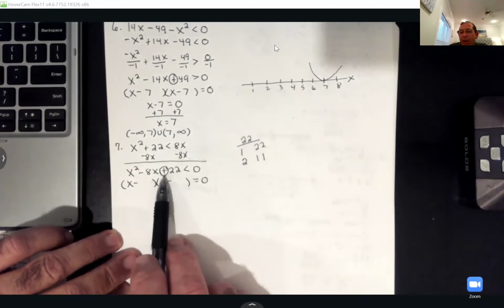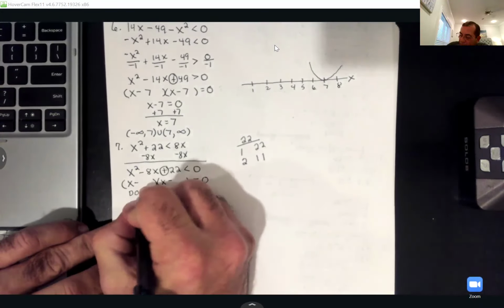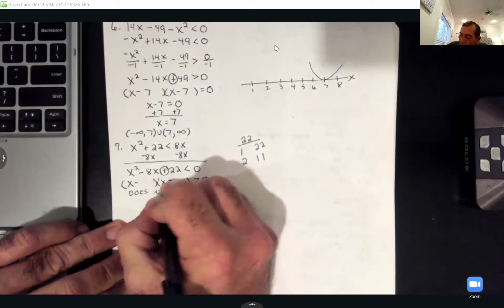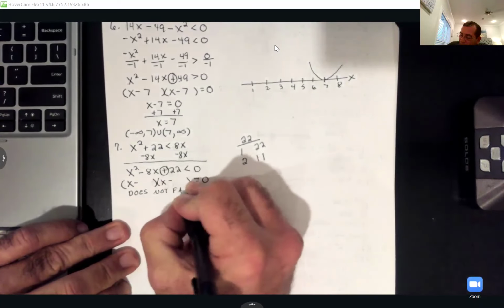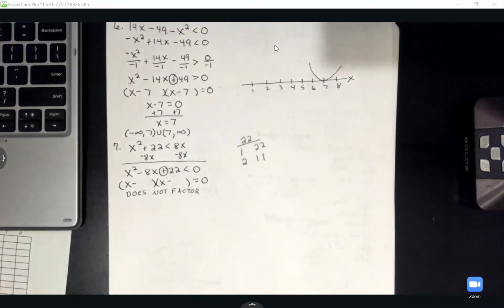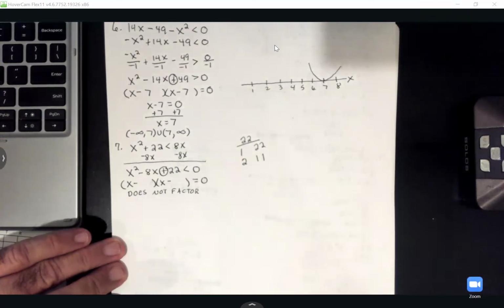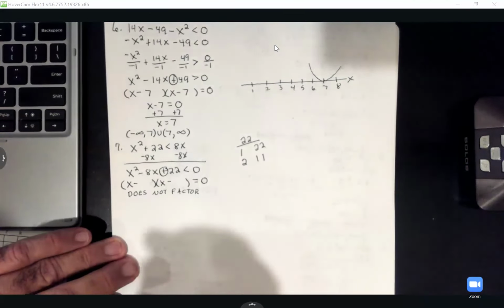So if I could not factor it, what did we say? Do not factor. So it does not factor, but what's my actual answer going to be? It has to be represented by 0. Exactly.